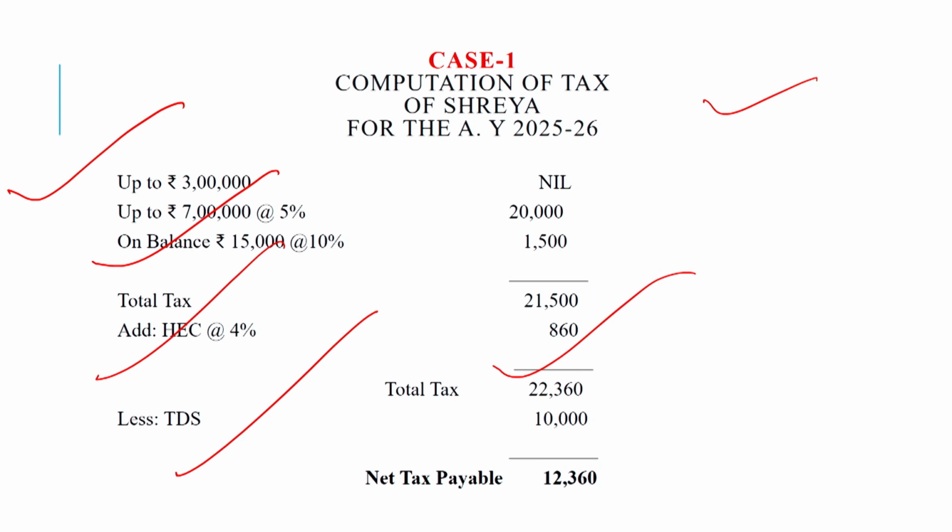From rupees 3 lakh to 7 lakh, earlier it was 6 lakh. Yes, now it is increased by rupees 1 lakh. So from 3 lakh to 7 lakh, there are 4 lakh at the rate of 5%. 5% of 4 lakh is 20,000.